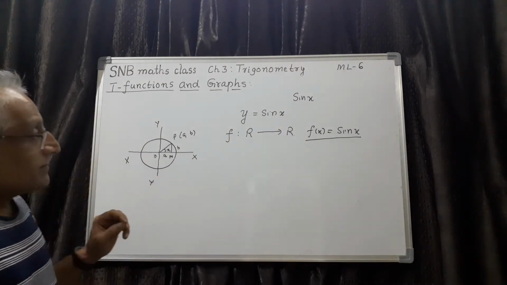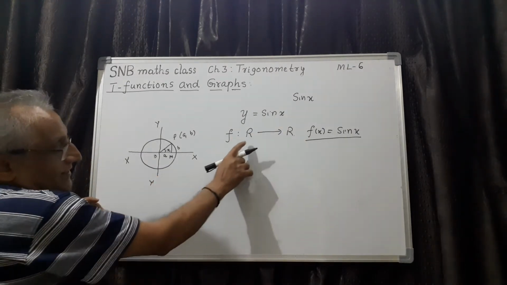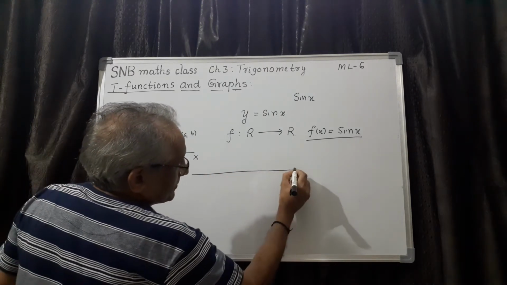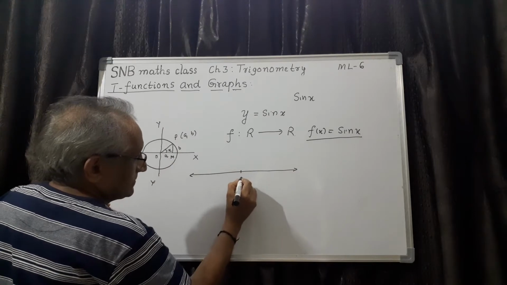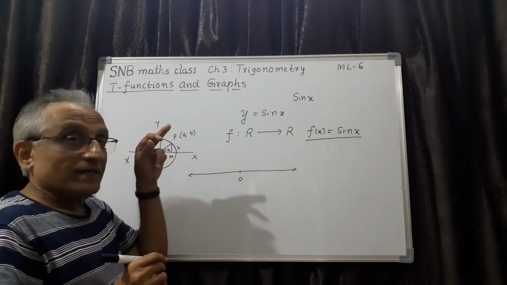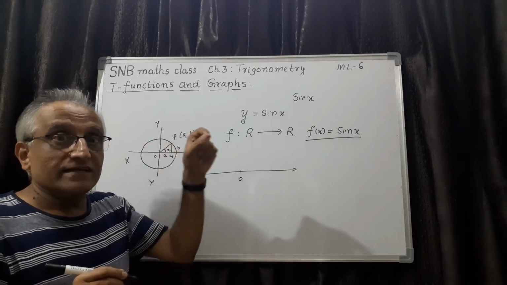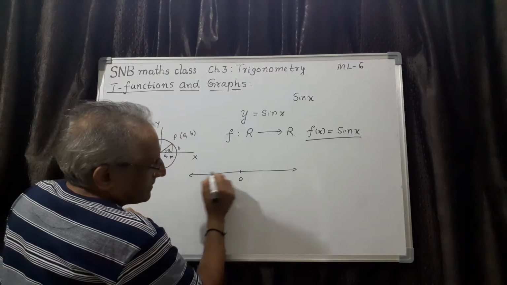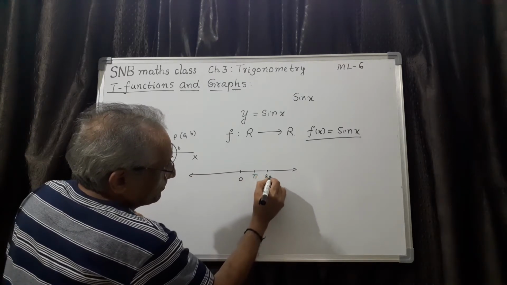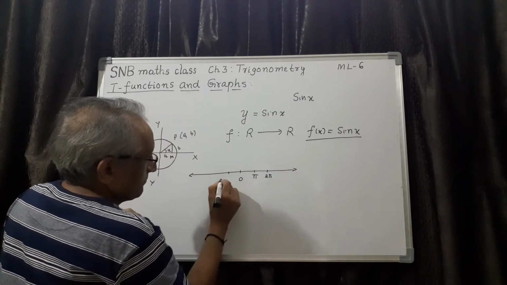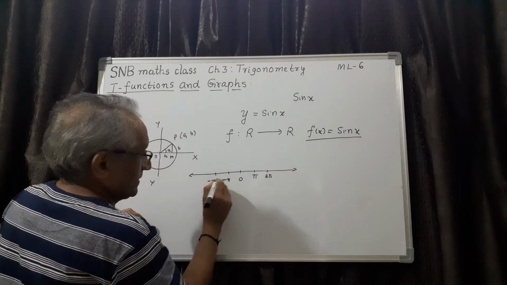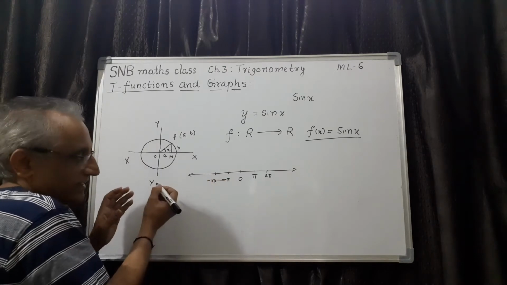No doubt, any real number is in the domain, because you have to understand it like this. You take the real number line, this is 0. As I have already told you when we were establishing the relationship between real number and radian, we can mark the points here, for example pi, then 2 pi, and minus pi, then minus 2 pi, on the negative x-axis.